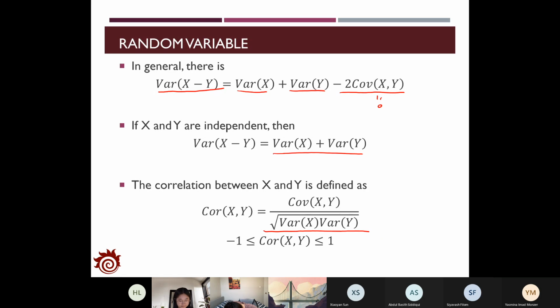So the value is between -1 and 1. If it's 0, it means that x and y are not related to each other. If it's close to 1 or close to -1, it means that x and y are highly related to each other. So it's a good way for us to quantify the relationship between two random variables.